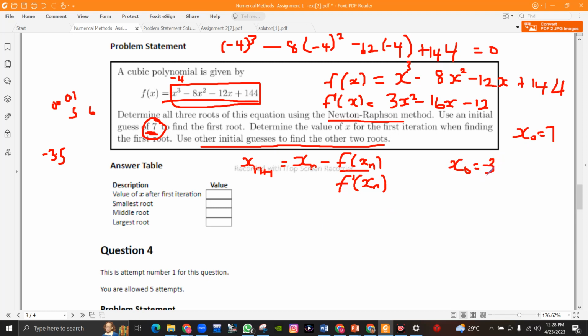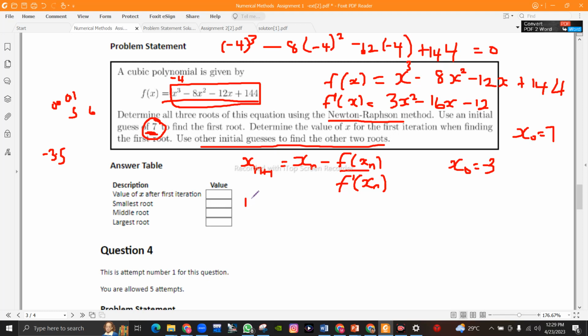So when x0 is -3, you're going to have x1 equal to x0. For your first iteration, sorry, let me follow it.